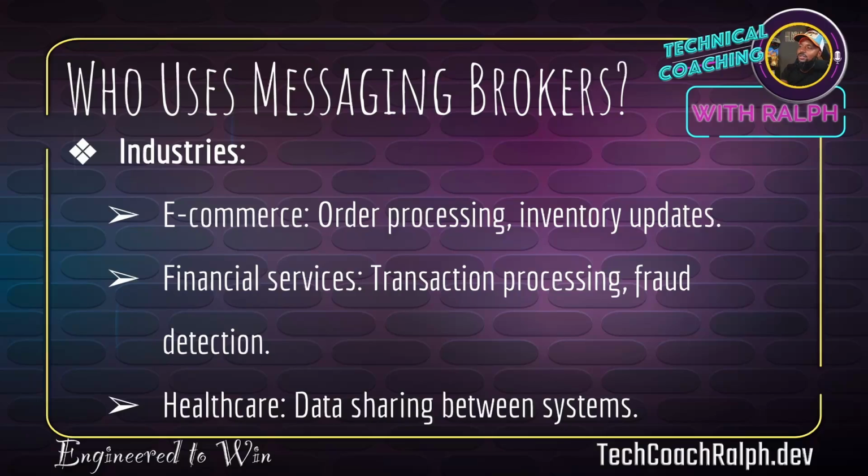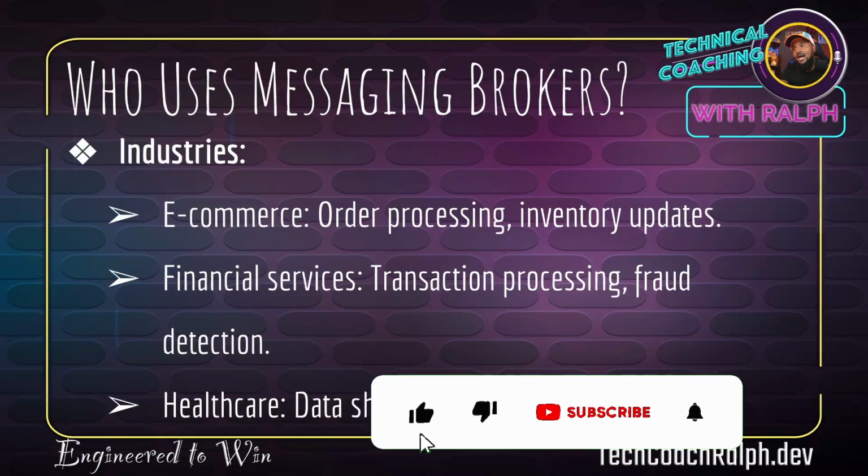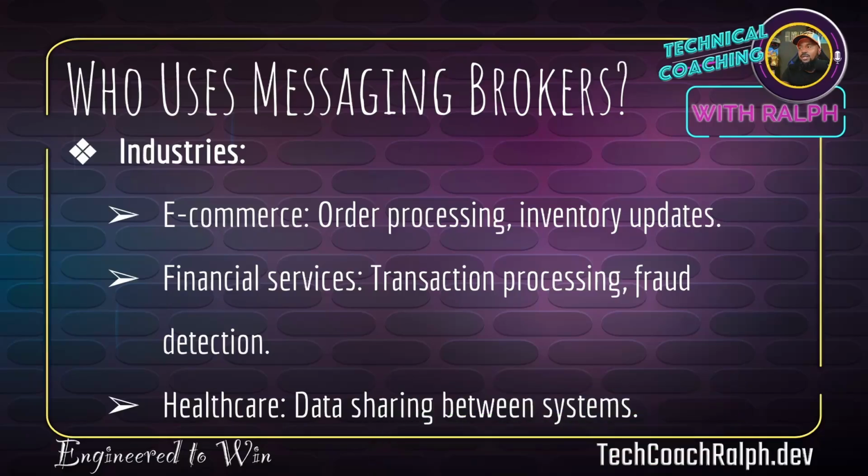Financial services use them, such as transaction processing and fraud detection, and we're going to have a financial example towards the end. Healthcare uses it for data sharing between systems. And I'll tell you this: the other day, I saw someone making a call to share medical records with a different doctor, and they use this website where you enter the doctor's name, and it generates a code where the doctor can log in to see all your charts, history, and stuff like that.